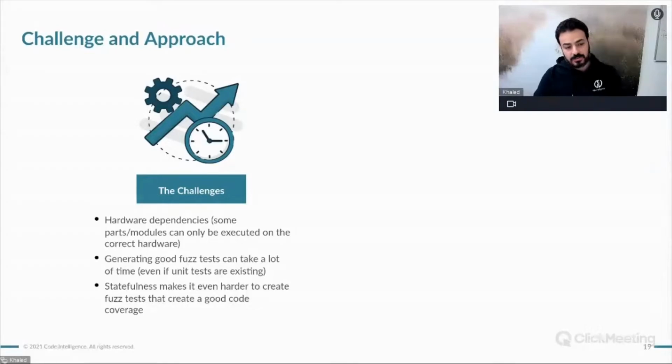First, you have hardware dependencies, meaning that we have some low-level code or some code that can only be executed on special hardware. For example, some code that gets the sensor data from a specific sensor. So this needs to run on the actual hardware.